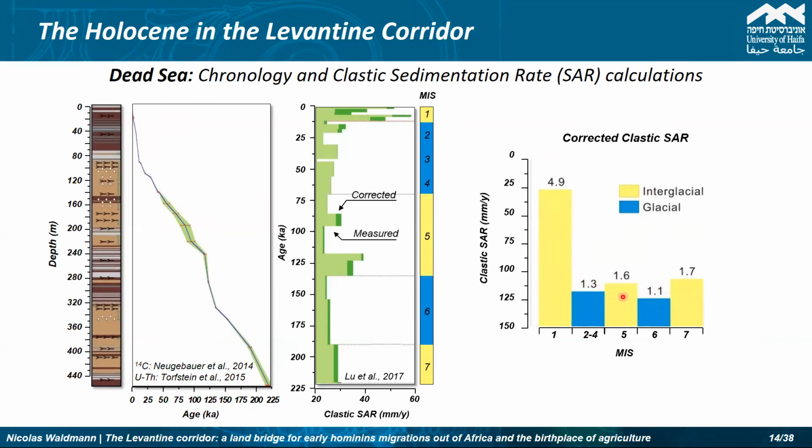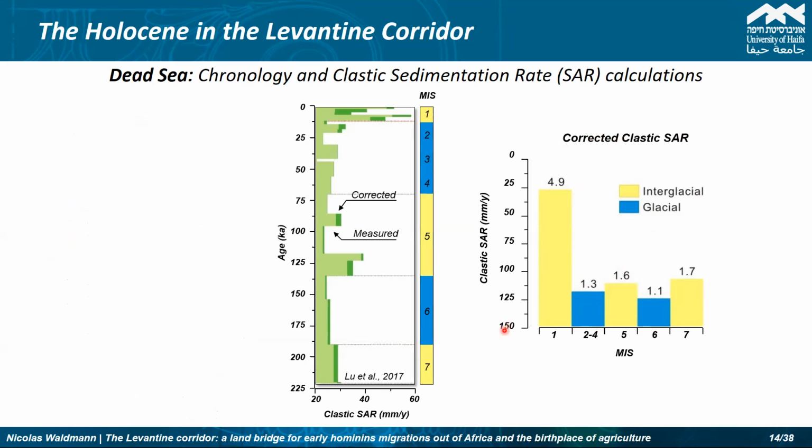So it's ×3. And this is even considering the possibility of compaction in the deeper units. The corrected means that we are also considering the compaction. This is a paper published in Global and Planetary Change in 2017 by a previous postdoc of mine.